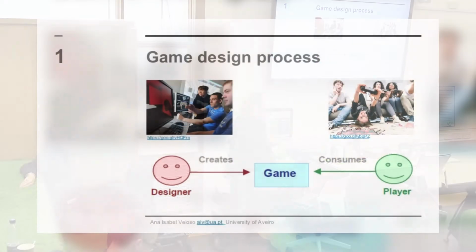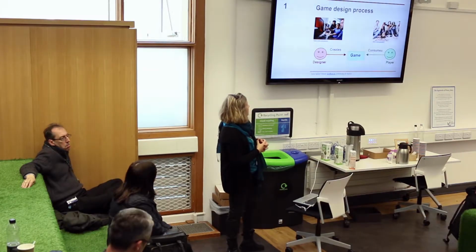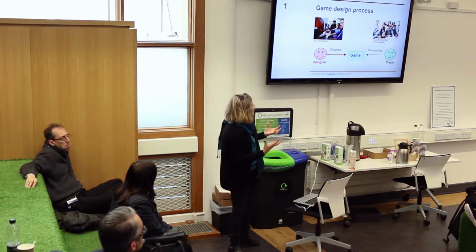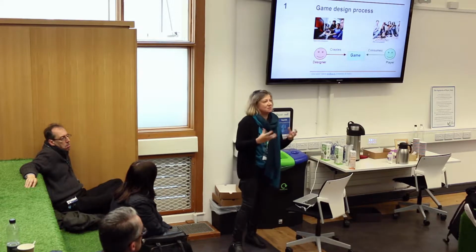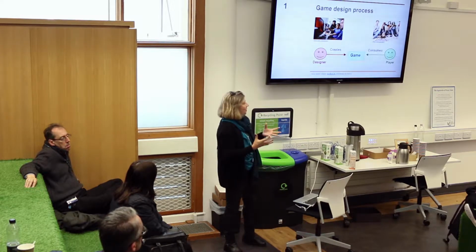In a game, you have two parts connected through the object, the game. The game designer, who usually develops the games, and the consumer, who consumes the game as he or she wishes, unpredictably, and that is the player.